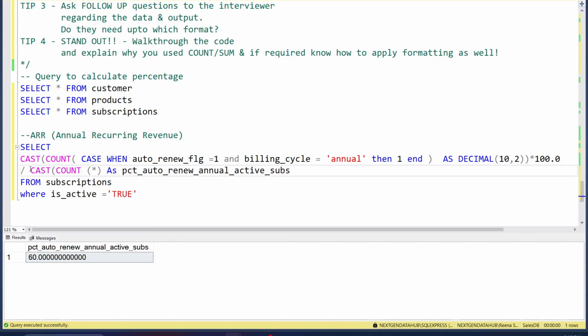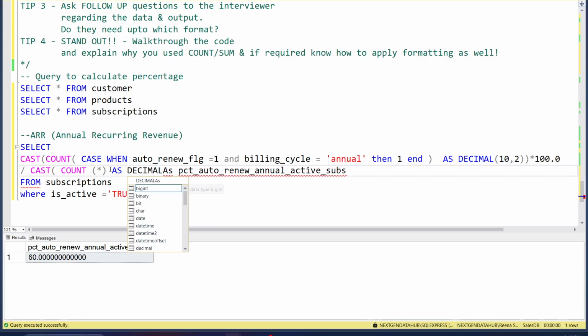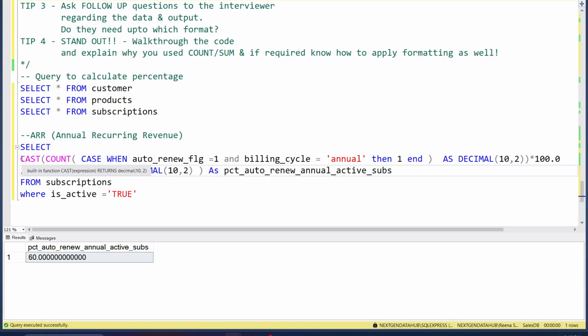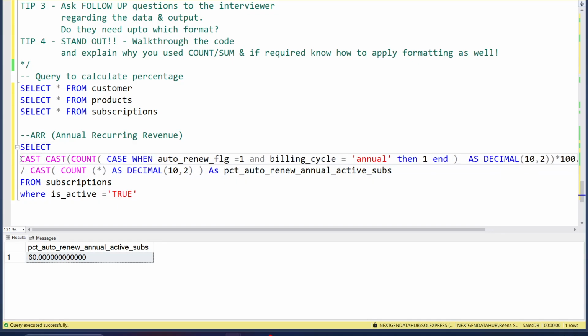Same with this one, because both the numerator and the denominator are integers, you need to convert both of them into decimal, then convert the whole value into decimal up to 10, and then convert this whole thing as well.